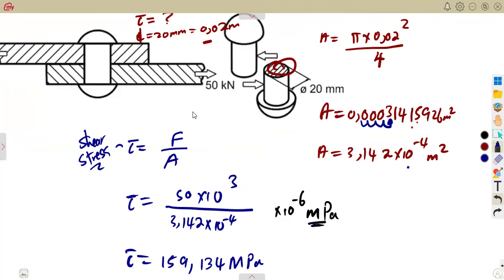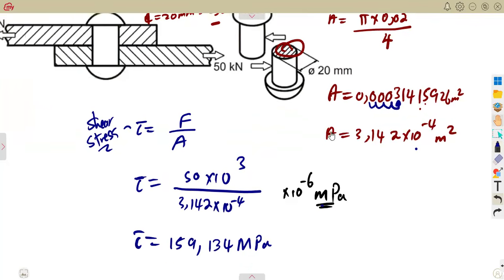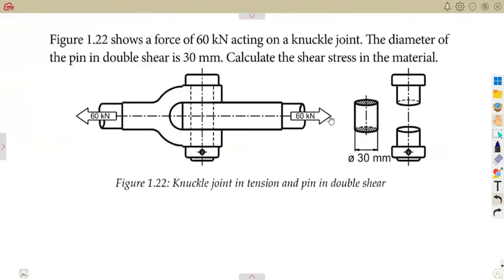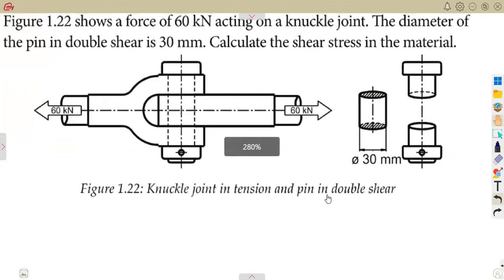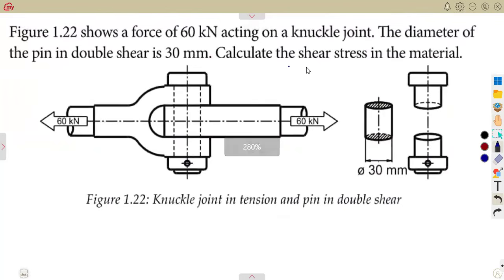It's nothing else. It's only the section, how it is given. So you must be very careful with each section that you are given. If you consider the second part, they are saying calculate the shear stress in this case. But look at the material. It shows 60 kilonewton acting on a knuckle joint.